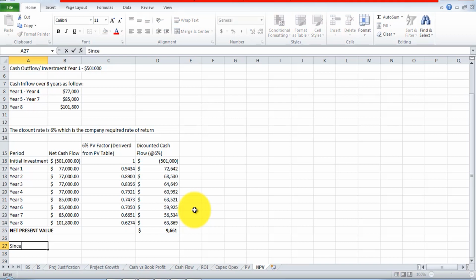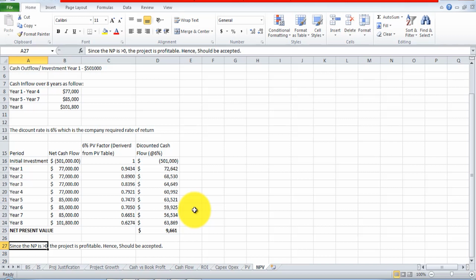Note here, since the net present value is greater than zero, the project is profitable, hence should be accepted. So this is how you interpret the net present value of the project.